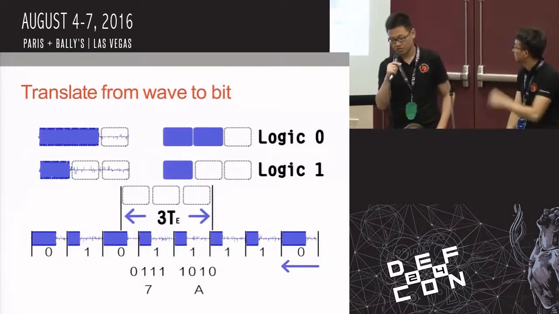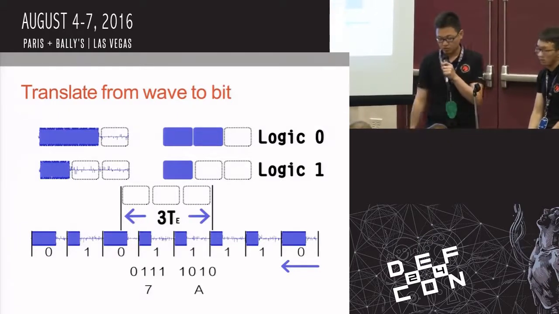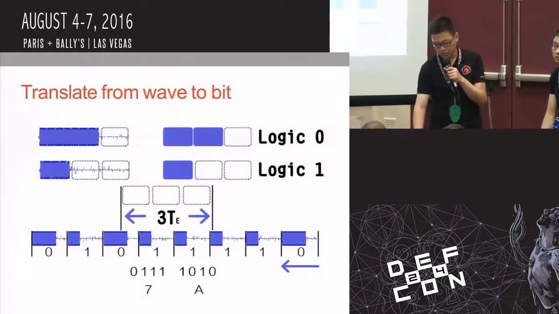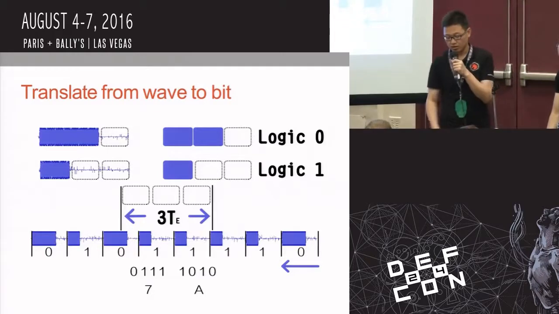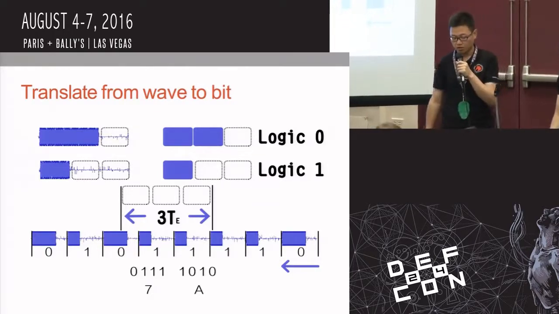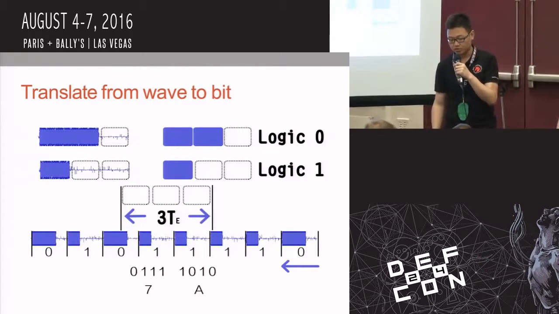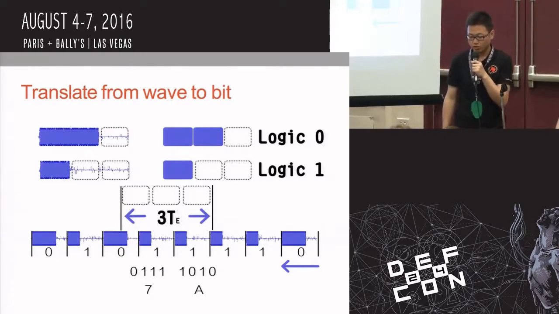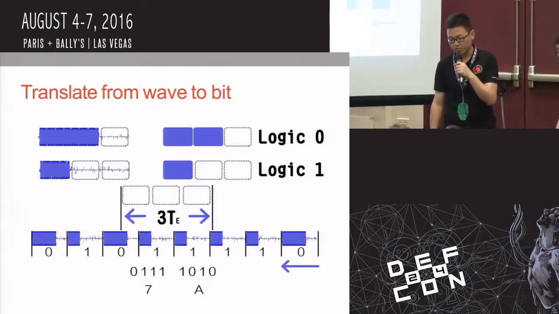So we get this. We know the modulation is ASK, so we should translate the wave to bits. First we know the long one is 0 and the short one is 1, and the signal is sent from left to right.